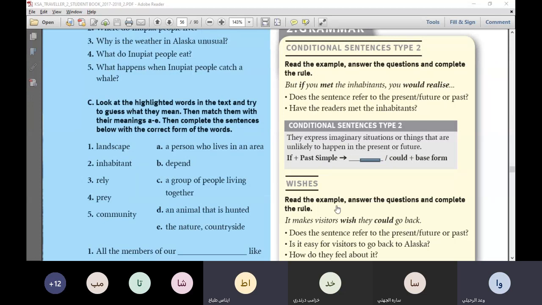Many questions I will bring. Yes, ask me. Who wants to ask? Yes, teacher. Now the difference between type 1 and type 2 is present simple and past simple, and also can, would, must and will, is that right?